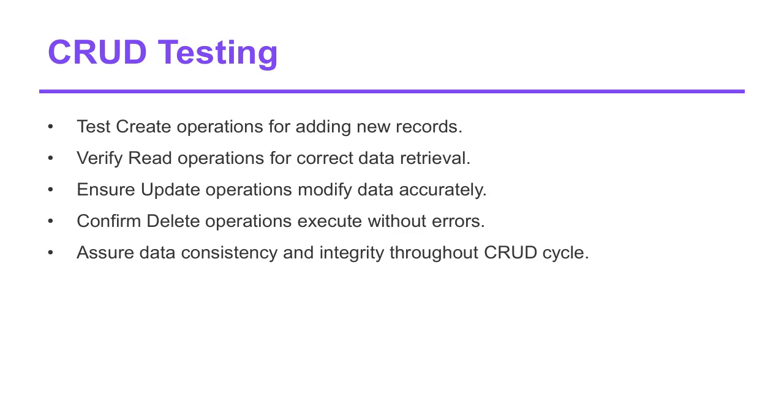For delete operations, it's important to confirm that records are removed cleanly without errors or leaving behind orphaned references. Throughout these steps, maintaining data consistency and integrity is crucial. So we always verify that the entire CRUD cycle keeps the database reliable and accurate.